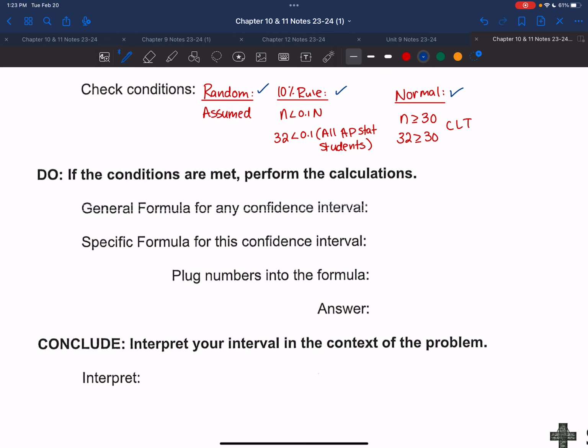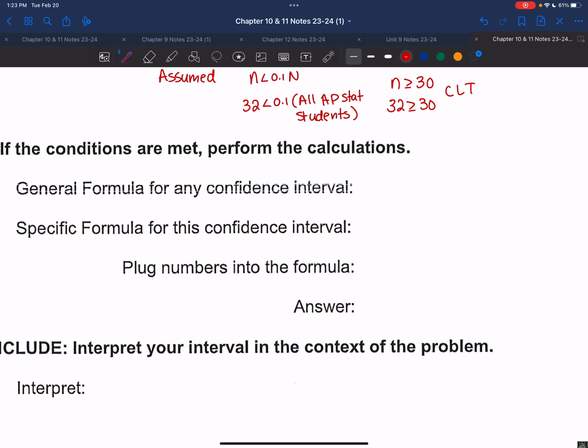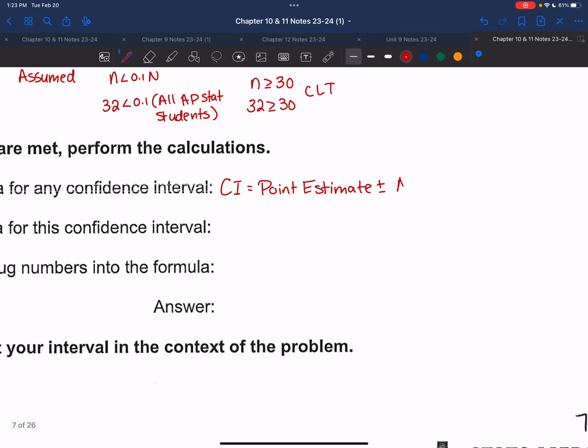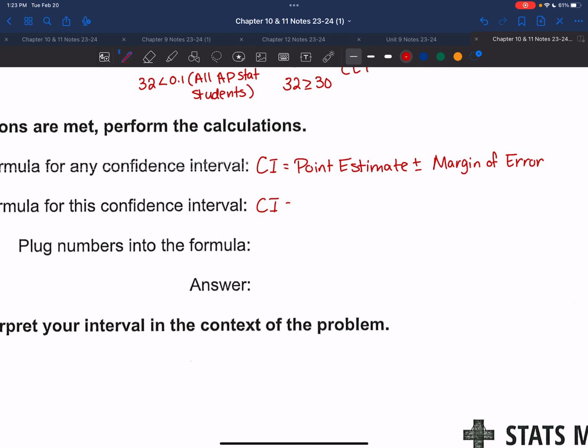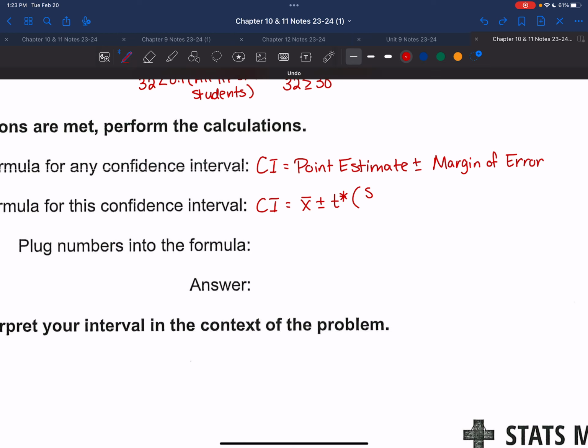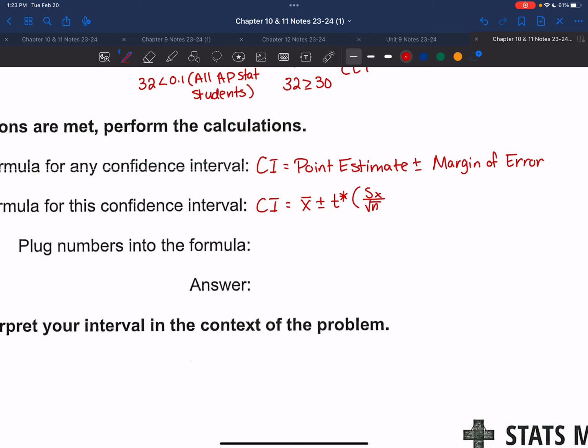So first off, general formula. Remember, we've got confidence interval is equal to point estimate plus or minus our margin of error. The specific formula, remember we've got x bar plus or minus t star times sx over root n.